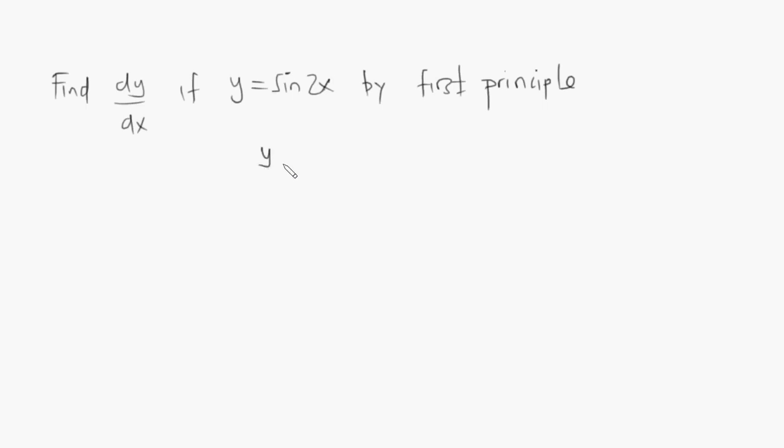So again, I just have y equals sine of 2x. So my y plus delta y is just going to be equal to sine of 2 times x plus delta x.